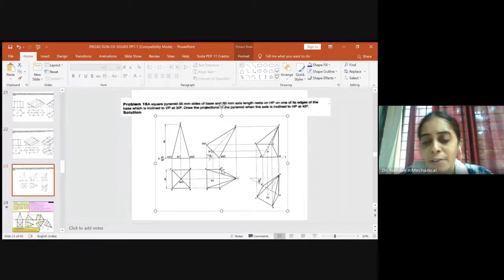So right away we will fix this side DA on the 30° line. Leave some point and fix the point D. Once you fix the point D, you measure the distance D to A, how much it is, and keep one end of the compass here and cut an arc. So you got the distance D to A. So this is hidden, make this as hidden.